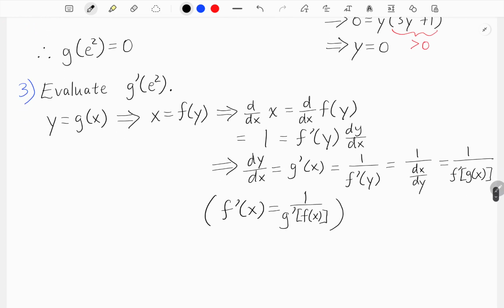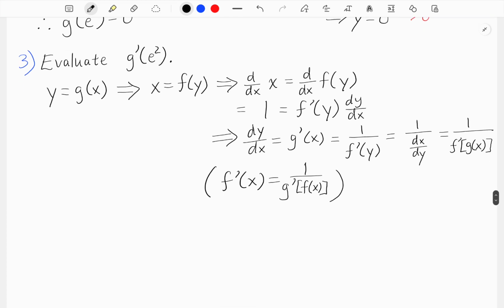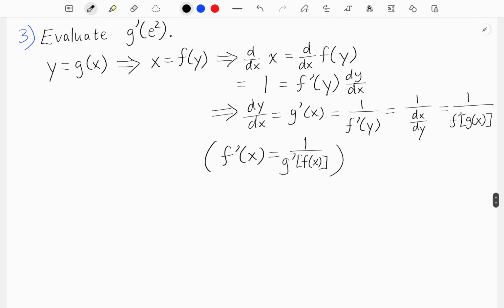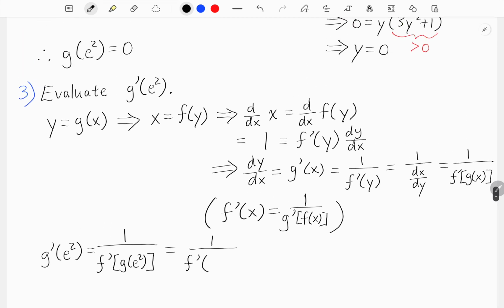Okay, so then we want to know what g prime of e squared is. So g prime of e squared is going to equal 1 over f prime of g of e squared, which equals 1 over f prime of, well, when x is e squared, what is the value of y?